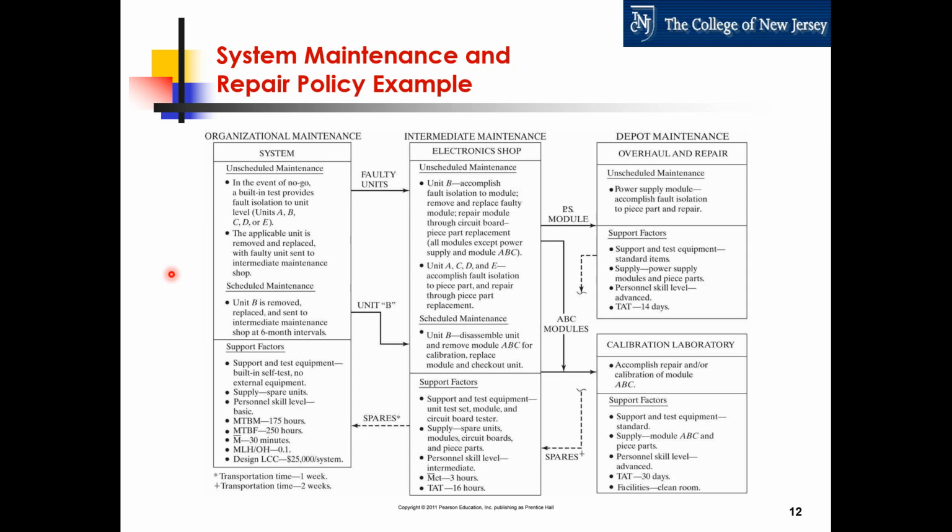So make a note to go back and study this because it's another busy chart, but again, pay attention to the different supply factors. So, turnaround time, what type of facility, for example, the calibration laboratory needs a clean room, turnaround time, 14 days here at the factory.